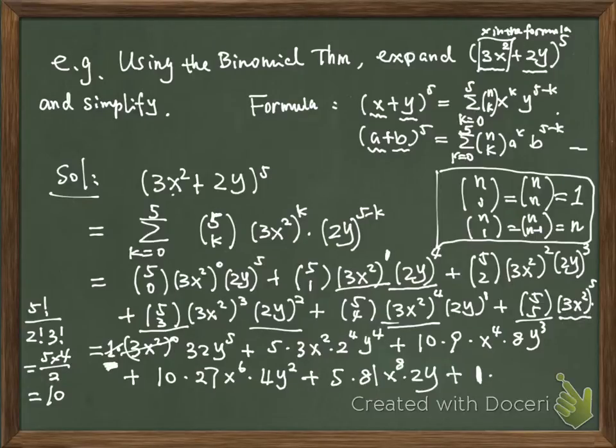And then we still have the last part here, 3 to the 5th, I'm going to leave it here as 3 to the 5th, times x squared to the 5th, that is x to the power of 2 times 5, which is 10.